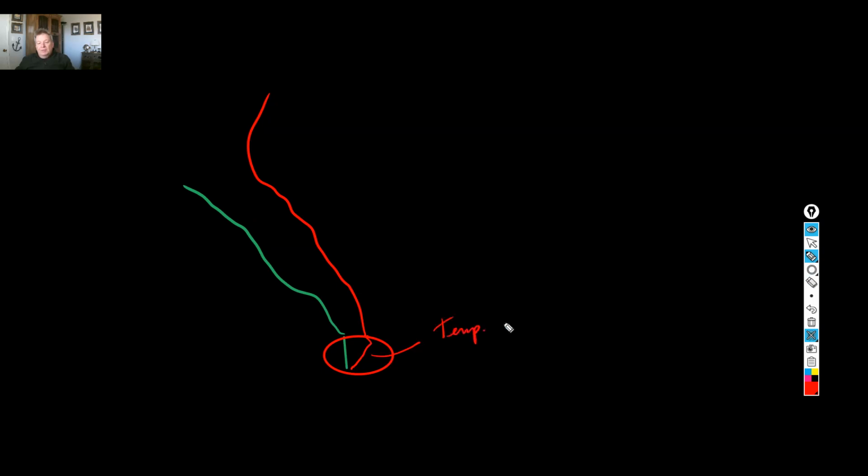Now, a couple of times I have talked about a subsidence inversion, stable air when air sinks. That's what an inversion might be. But in this case, the reason is that this is happening at nighttime. So when I see the temperatures come down, that's what's called a nocturnal sounding.